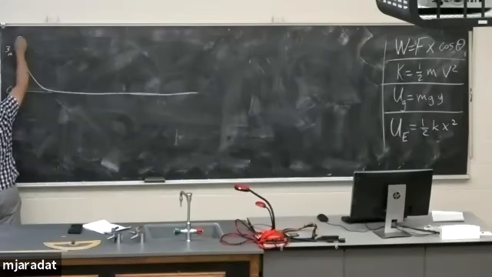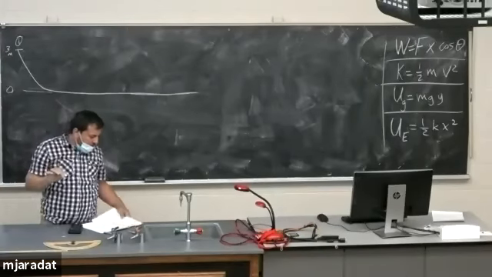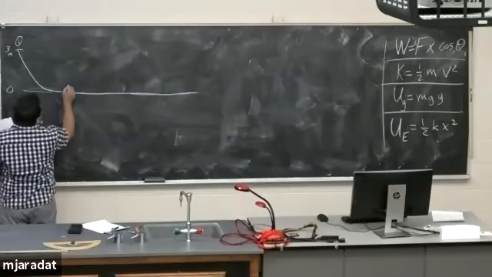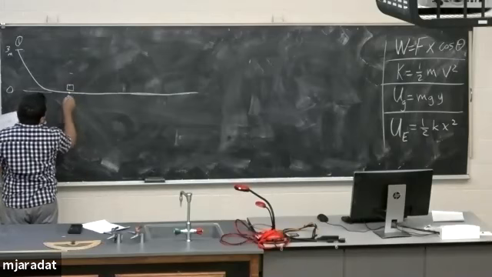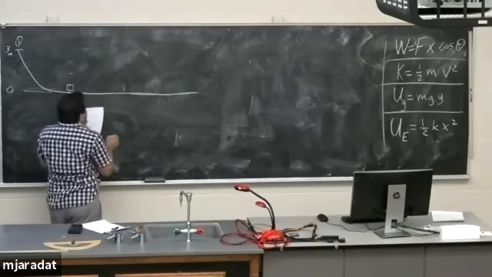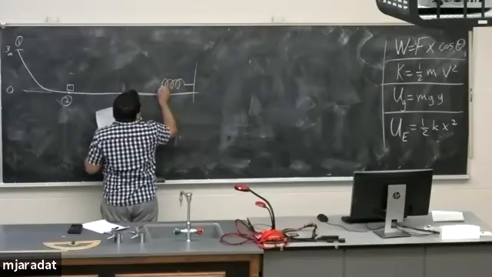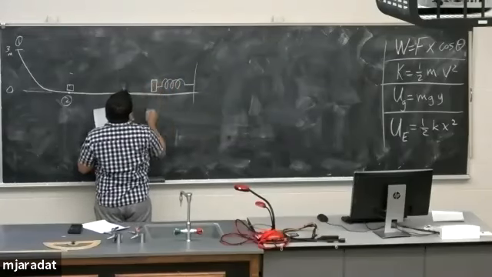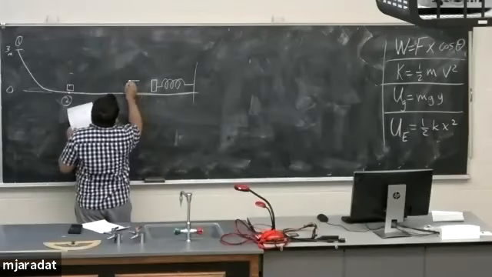So this is point number 1. Almost we need to name the positions. This is point number 2. And we have a spring here. We have a point number 3 here.